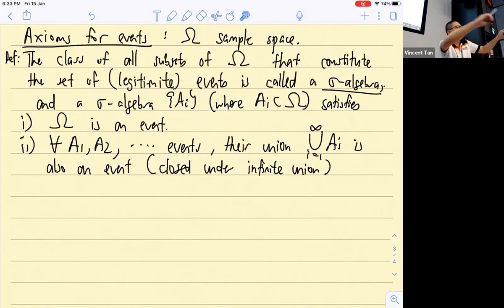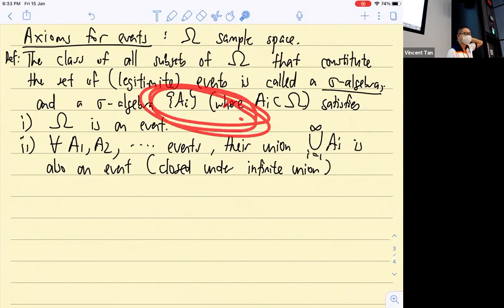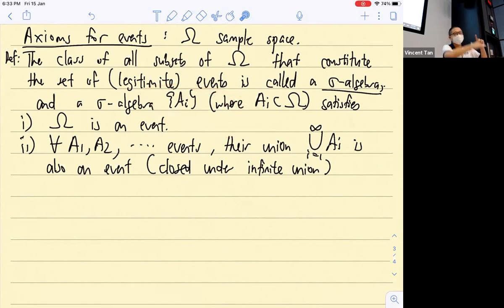And now I take any infinite sequence of events inside this family, and I look at their union. If their union is not in this family itself, then we are not closed under infinite union. Then this whole thing cannot be called a sigma algebra, and it is not a good candidate to talk about probabilities. Okay, so closed under infinite union.